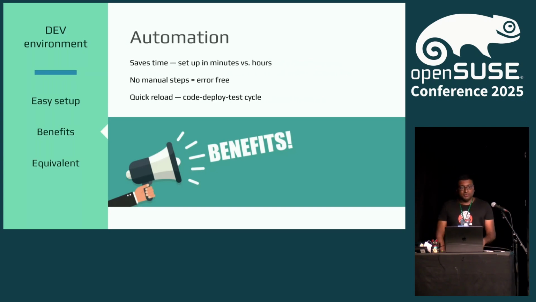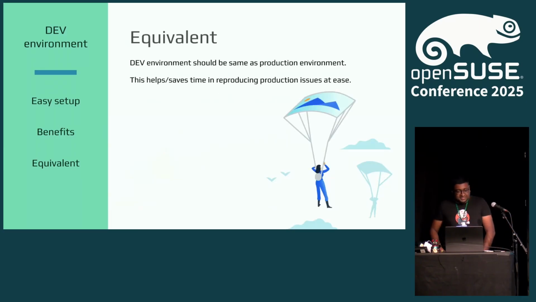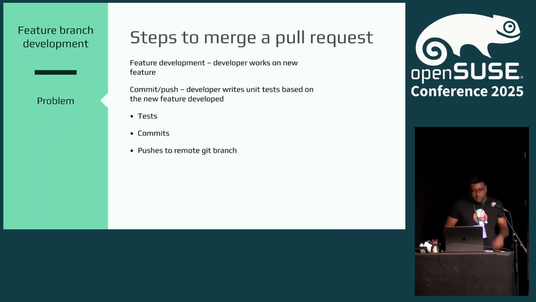And also, if you would like to test those features, you should be able to quickly deploy them, so that you can change or build, test it locally, and then make a pull request. As I said, a dev environment should be very similar to the production environment. It saves a lot of time in reproducing issues. Okay. Sorry, I'm having a bad throat.